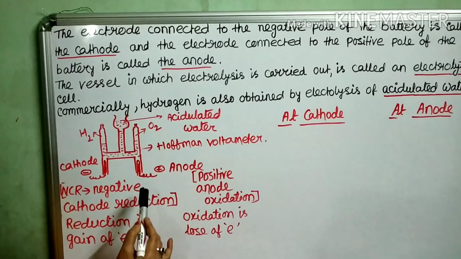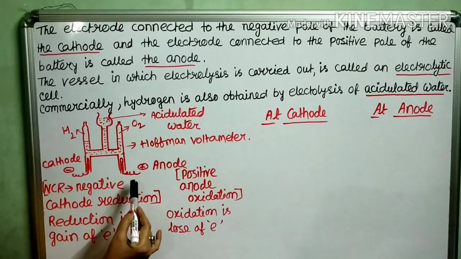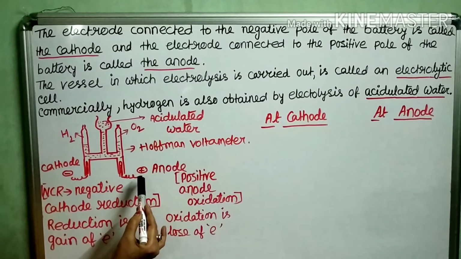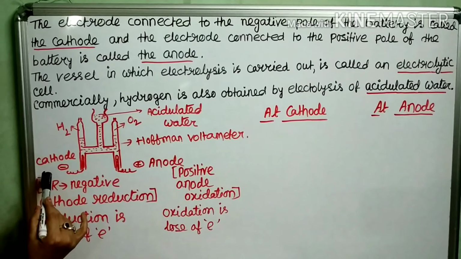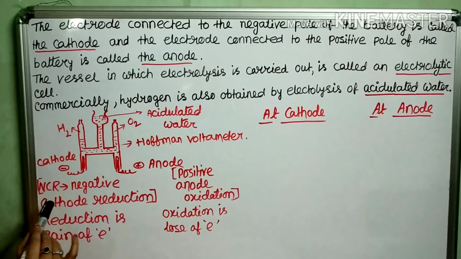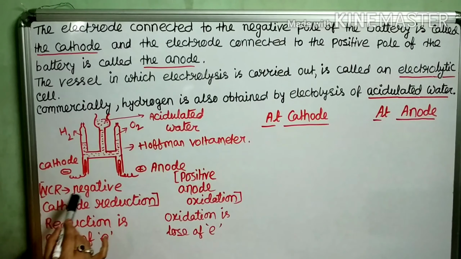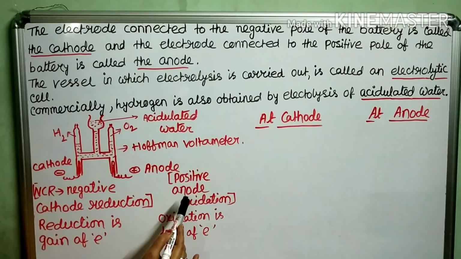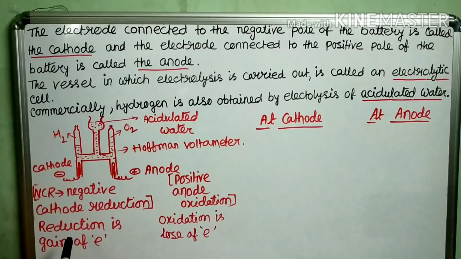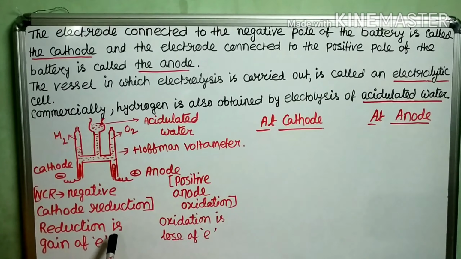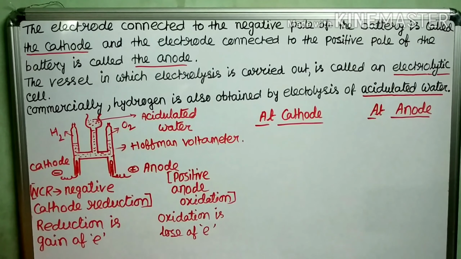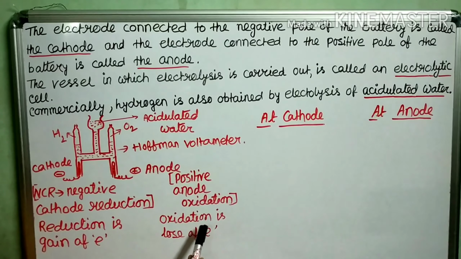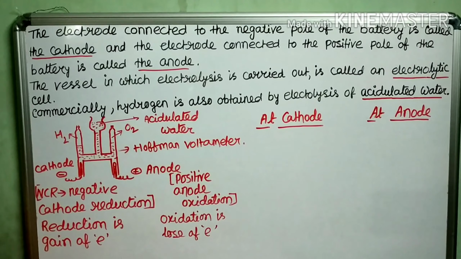Here, this side is the positive pole of the battery, the anode, and this side is the cathode, the negative pole of the battery. Negative means cathode, reduction, and positive means anode, oxidation. Reduction is gain of electrons, and oxidation is loss of electrons.